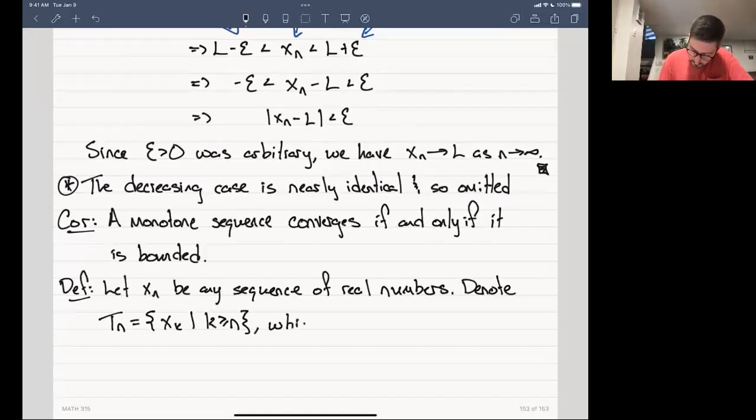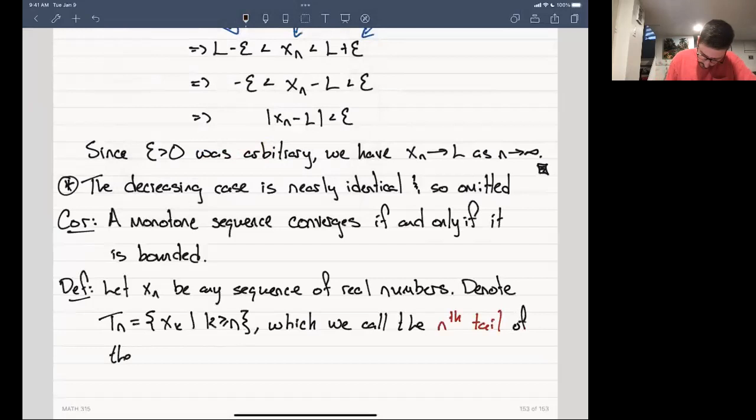Again, it's a definition: we call this the nth tail. T stands for tail in this case, of the sequence xn.